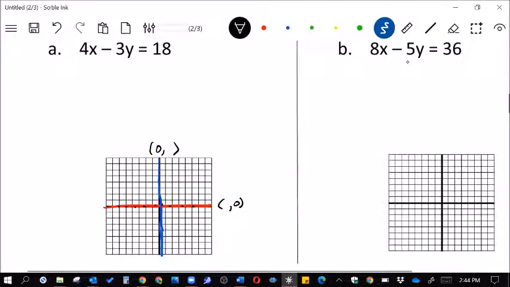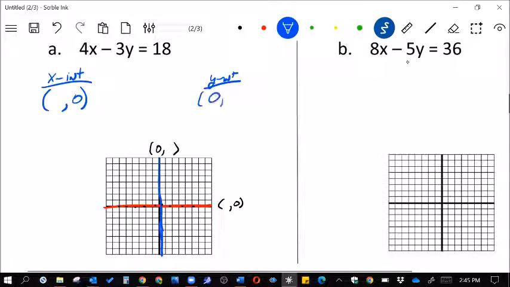I will do the x-intercept here, and that means I am trying to find the number that goes for x when the y is 0. I'm going to do the y-intercept here, and that's when the x is 0, and we're trying to find the y.